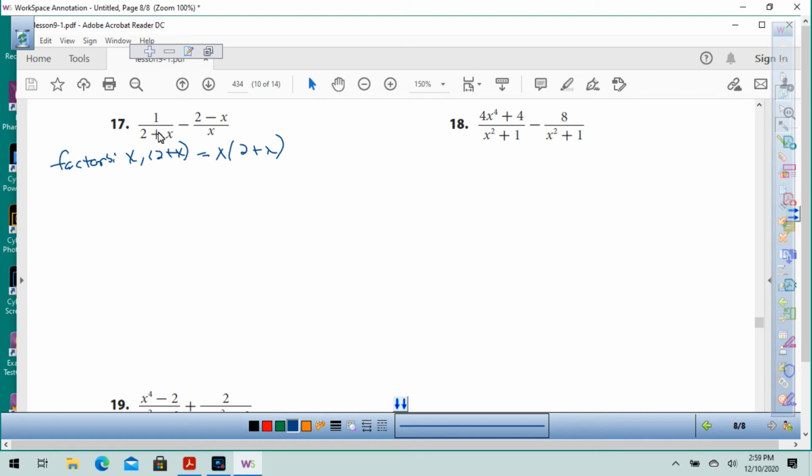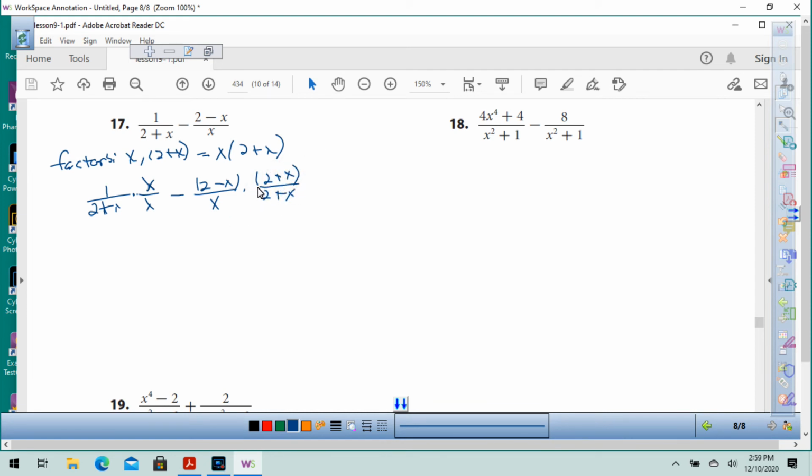If you notice, I got 2 plus x here, so I'm going to take 1 over 2 plus x and times that by x over x. All I really did was take out the canceling thing. That's going to be minus, and now notice how I got the x already, so I'm going to have 2 minus x over x times 2 plus x over 2 plus x.